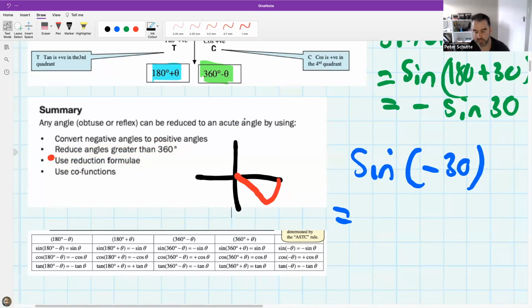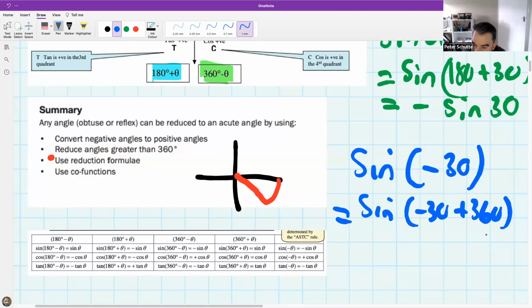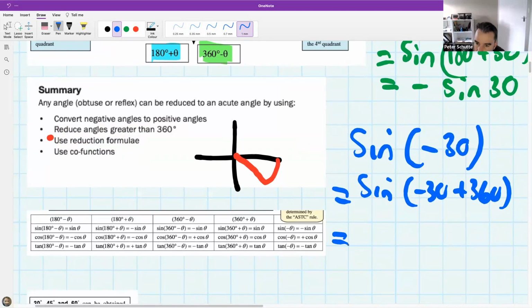Yep. So you could add 360, that's one way you could do it. So what Andile is saying is that I can just add 360 and make it positive. Or you could also just say 0 minus 30, because 0 is also horizontal. Both will work.